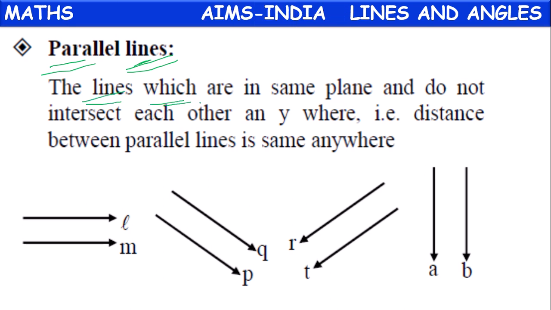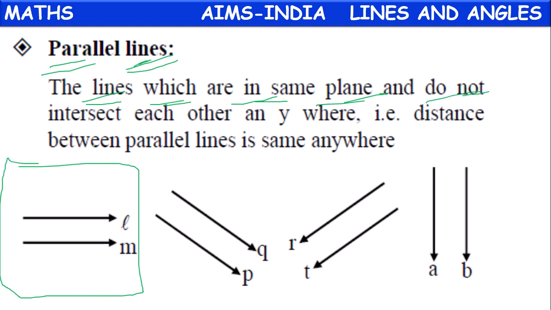The lines which are in the same plane and do not intersect each other, though they are extended on this side, but if they do not intersect at any side, and the distance between parallel lines is the same anywhere.